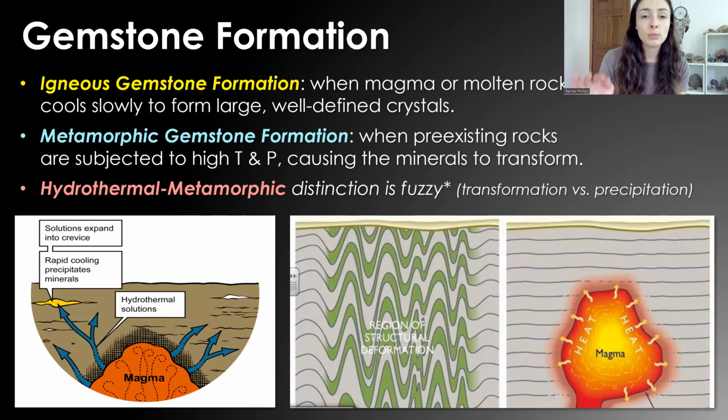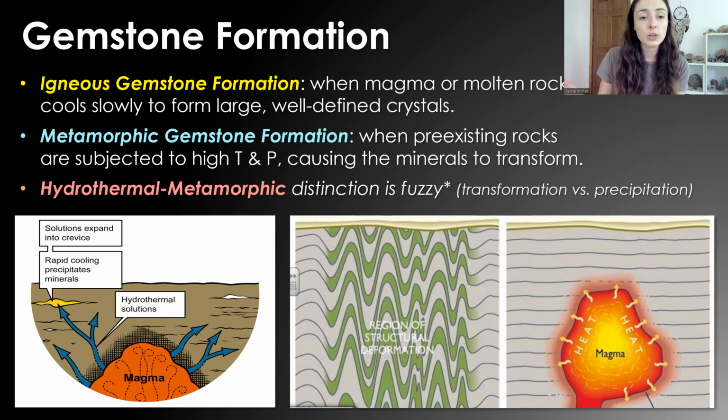And I do want to mention before we move on that there is a fuzzy line between hydrothermal and metamorphic gemstones because technically hydrothermal alteration, or the alteration of host rocks by hydrothermal solutions, hot mineral-rich solutions, is a type of low pressure, low grade metamorphism, but it does hinge on the side of sedimentary when we get to the types of silicon dioxide minerals that precipitate directly from the hydrothermal solutions.